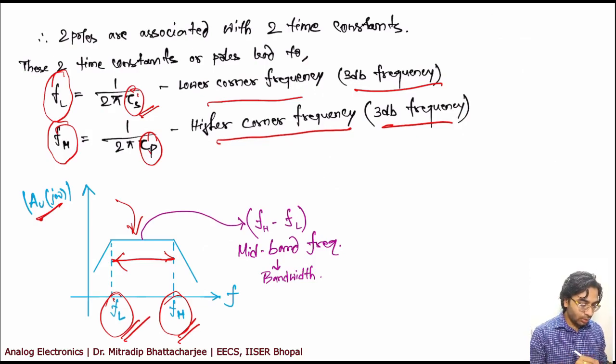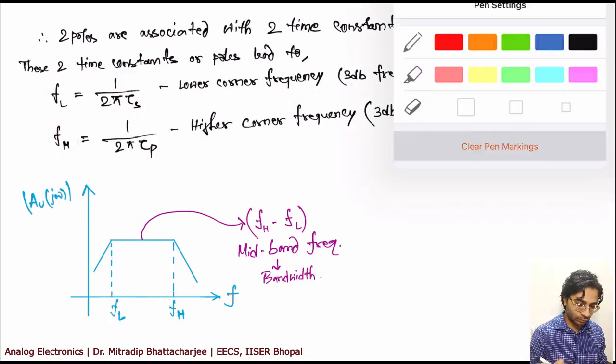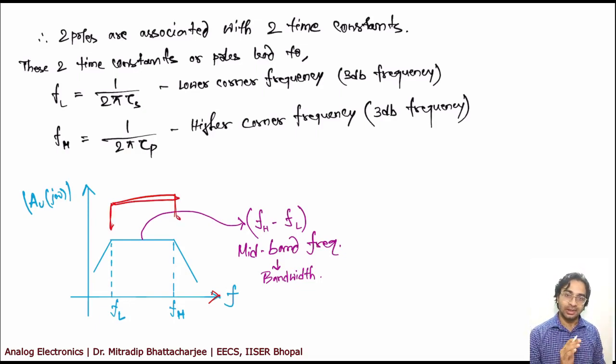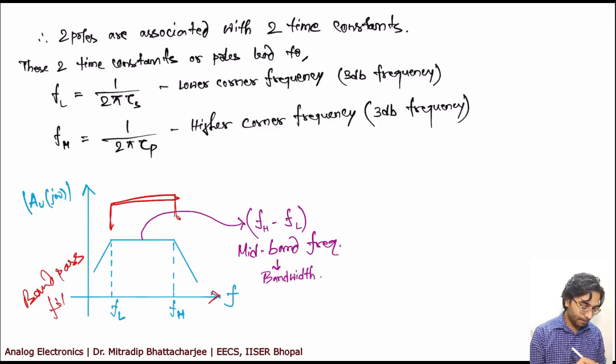So if you look at this particular function, what is this characteristic known as with respect to frequency? Only a band of frequency is allowed in this case, which is known as a band pass filter, right? So this characteristic is more or less like a band pass filter.